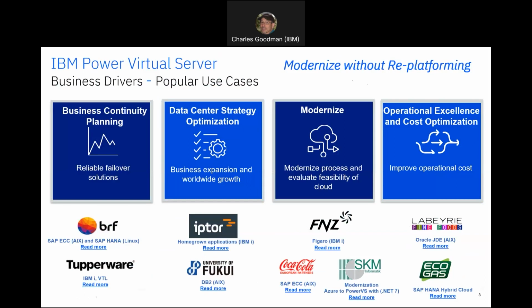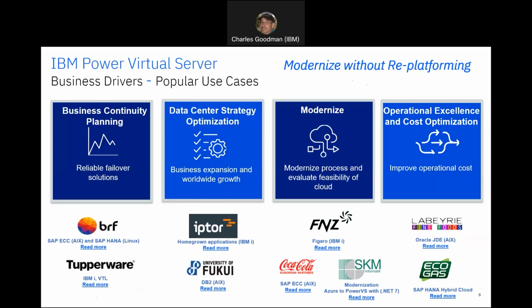On the modernize, the third one over, we have customers that are looking at creating front ends for their applications and deploying those in the public cloud. And because of that low latency, we have customers that put maybe x86 based front ends up there, and then they want to put the database servers over in Power VS to create a low latency environment.